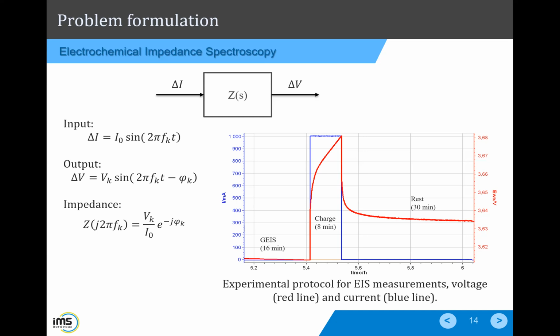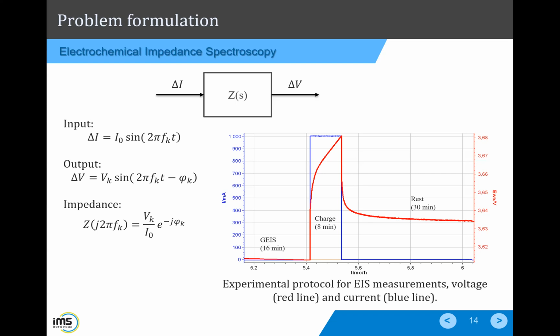From this data, we compute the impedance. A necessary point for this technique is that the battery should be relaxed in an equilibrium state. For that, after charge or discharge of the battery, it's necessary to let the battery rest or relax.